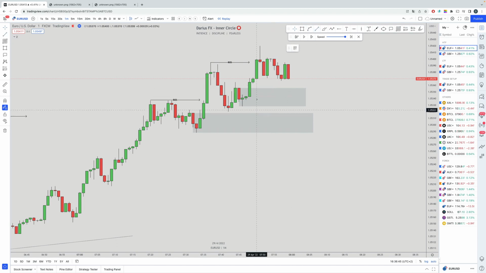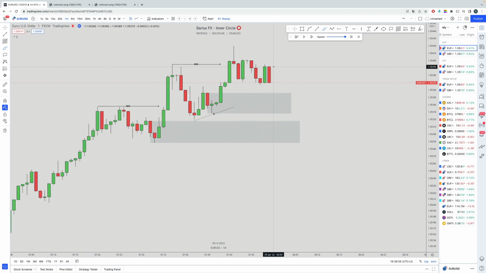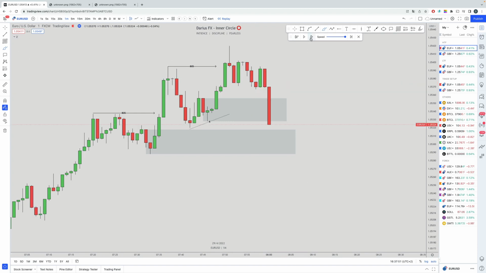Now the way you can interpret that is, okay, this is liquidity for this demand zone, but we don't know that. We need to wait right now to see how Frankfurt will open.